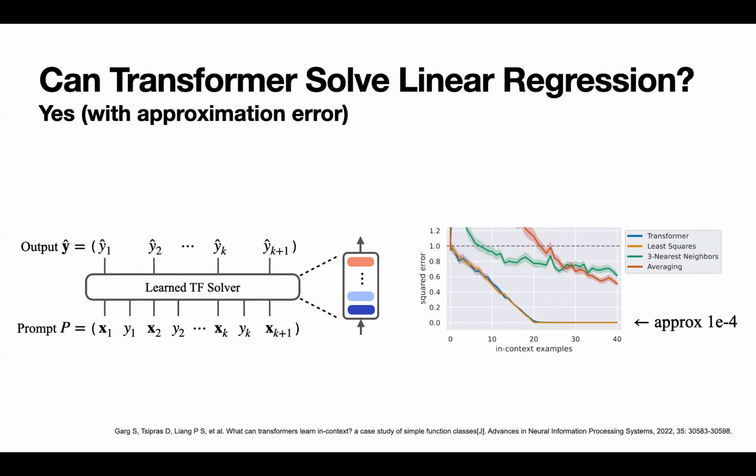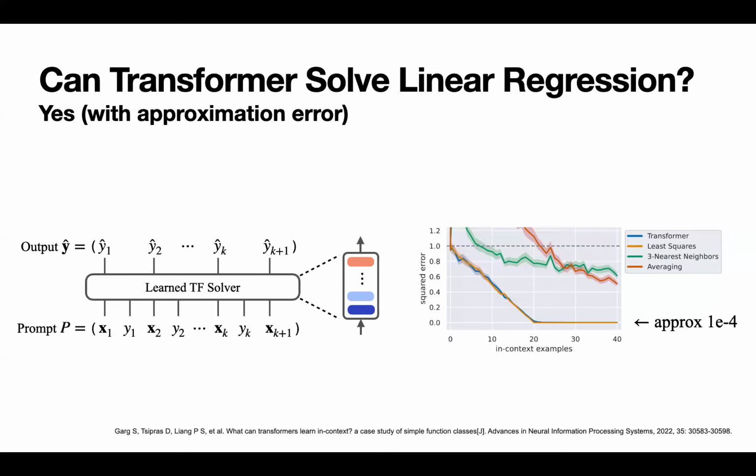What does it mean? If you look at the figure on the right, the problem dimension they're focusing on is 20. They show, as you vary the number of in-context examples, how the predicted y's perform compared to the true y's, measured with MSE error. We know that when the problem dimension is 20, if you have fewer than 20 examples, you are in an underdetermined system, and you can solve as well as the ordinary least squares solution. But when you have more than 20 examples, you can solve it perfectly with the least squares solution.